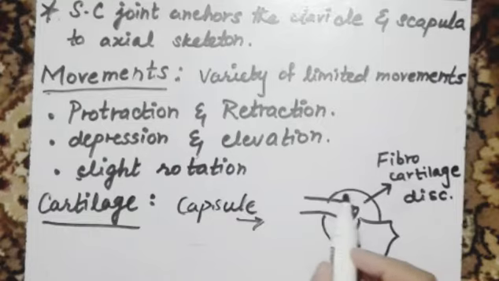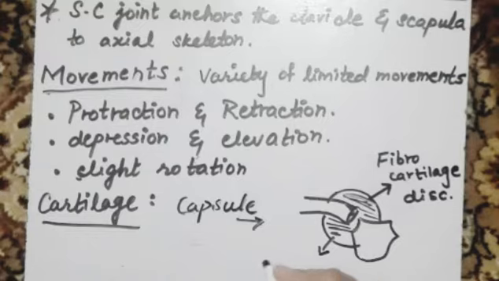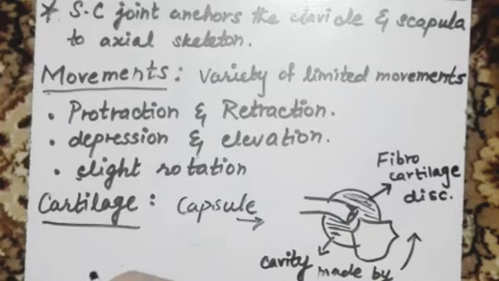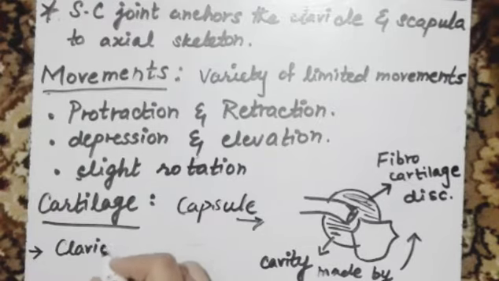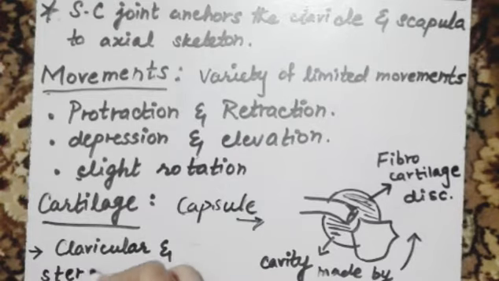You can see there is a cavity here, this one. The cavity is made by the fibrocartilage disc around the sternoclavicular joint to provide it mobility. Call this cavity the clavicular and sternal synovial cavity.